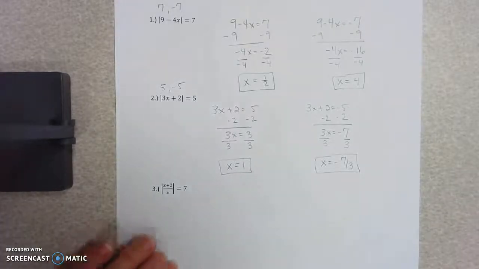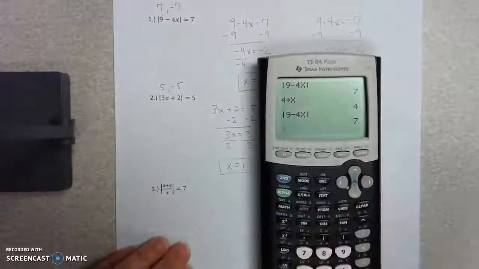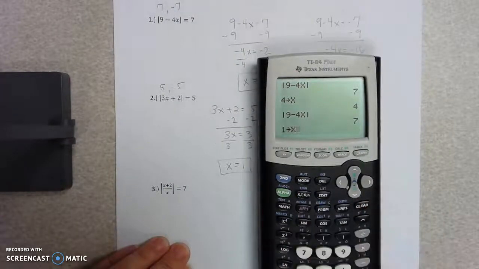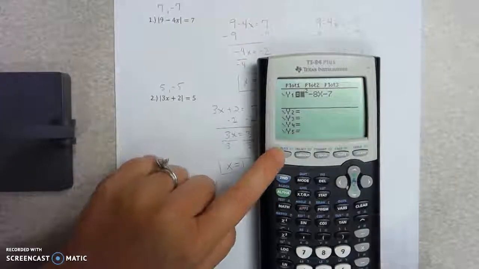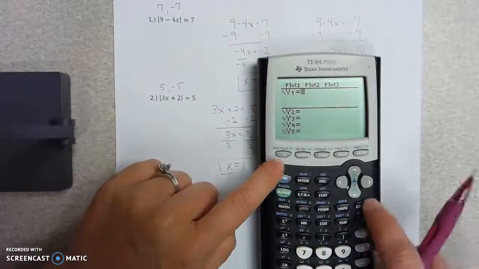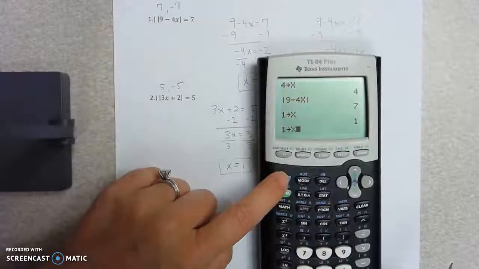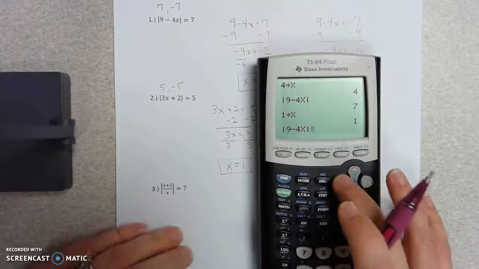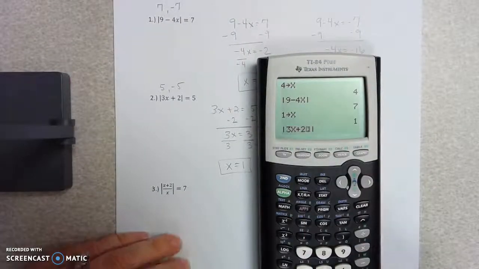Then we can check our answer. First I'm going to store 1 in x. Then you can just hit second enter and recall that absolute value, and then type 3x plus 2.